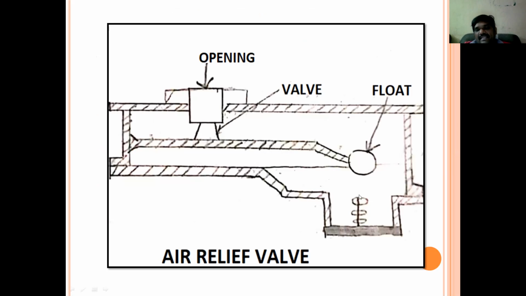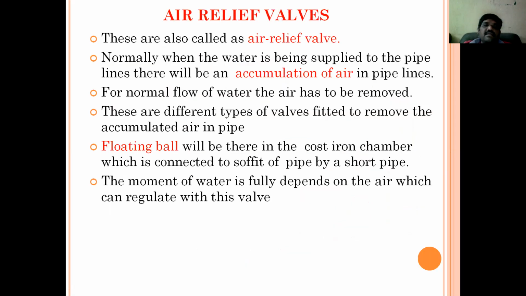By operating this, it moves downwards and air will move, or else when it is opening, see here, when we apply pressure, it moves downwards and air will be released. These are also called air relief valves.